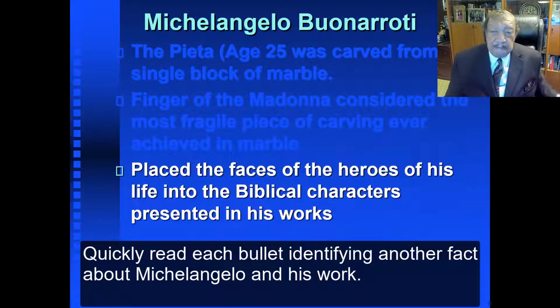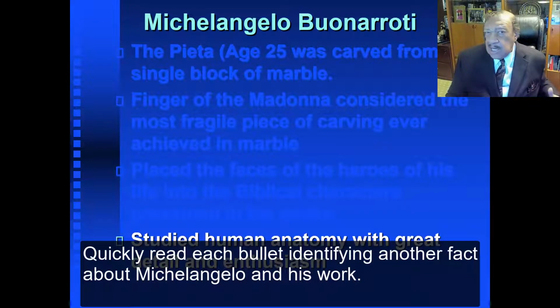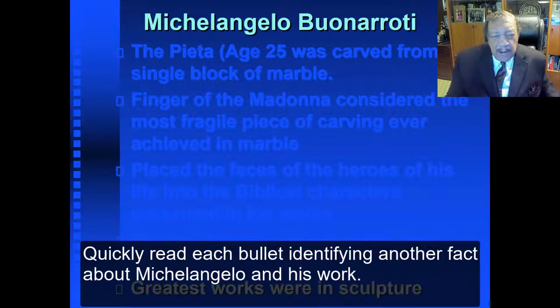He had a tendency to place his heroes, the heroes of his life, into the biblical characters presented in his works, and he loved and he studied human anatomy to the point where it was almost unbelievable, but he would sneak into the morgues and he would cut up bodies and study all kinds of muscle structures and what have you. And many physicians came to Michelangelo when a patient had a pain in a specific area. Michelangelo knew exactly where it was.